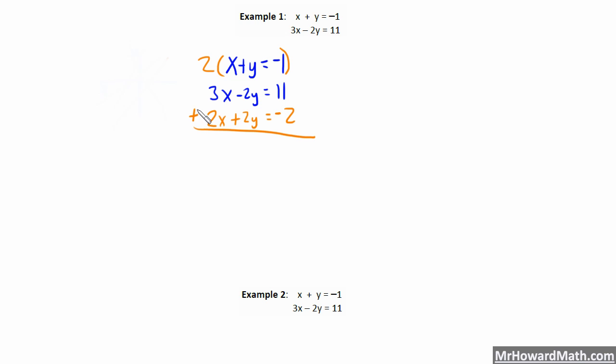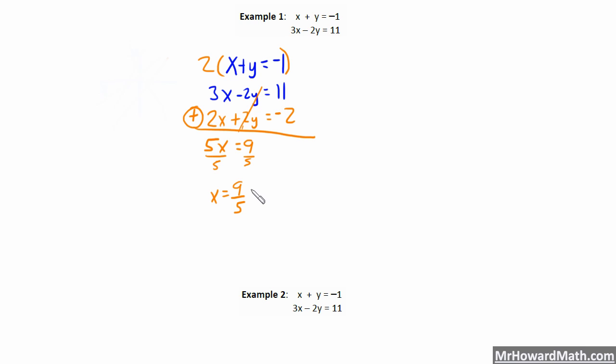I'm adding here, by the way. -2y plus 2y gives me nothing, so those y's cancel out, which is what I wanted. And then 11 plus -2 gives me 9. So I divide by 5 here, and that means x equals 9/5.